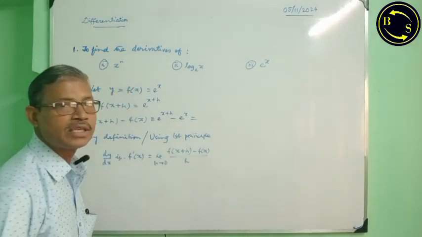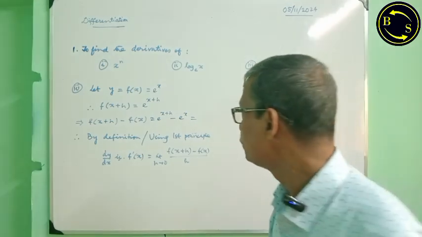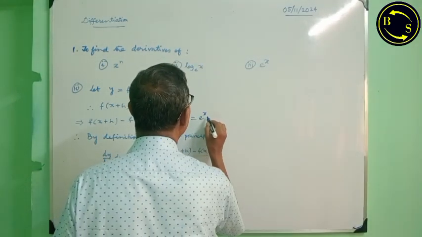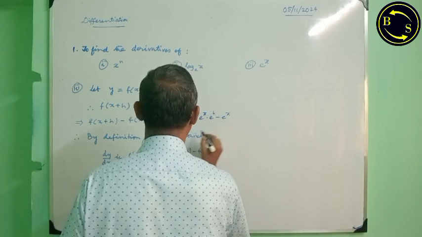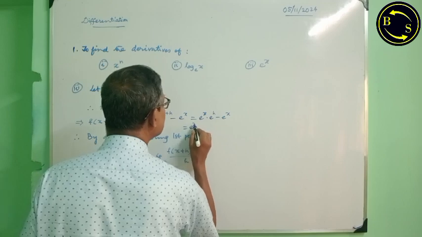Now e to the power x plus h can be written as e to the power x into e to the power h. Now you see e to the power x is the common factor.